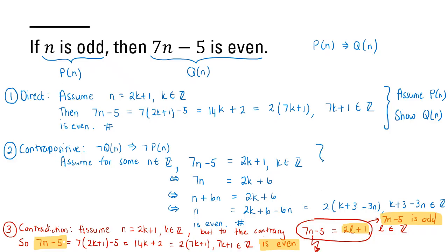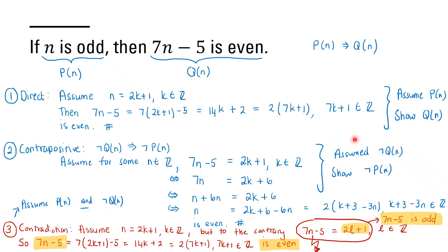Well, here we assumed not Q and we showed not P. For the contradiction, we assumed, let me just put it here to the far left, P and not Q. Can you see how these two, the contrapositive and the contradiction, are very close?